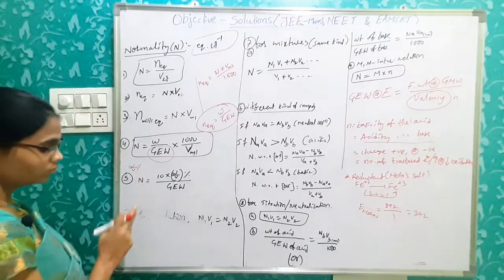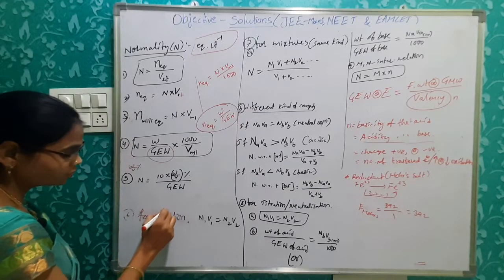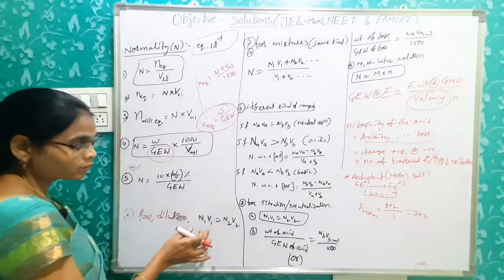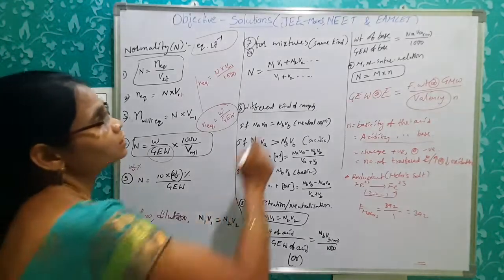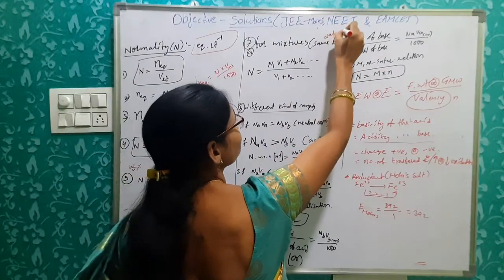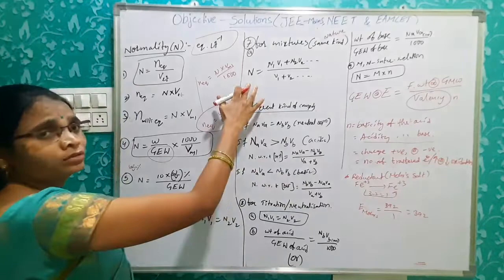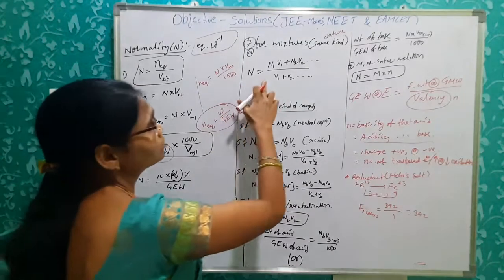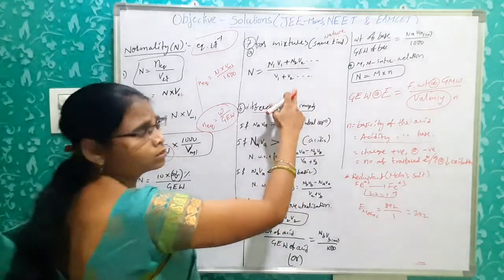Okay, now for dilution we can use, same as molarity, N1V1 is equal to N2V2. For mixtures of the same kind, meaning the same nature of compounds, maybe acids or maybe bases mixed together, we can find the total normality of that solution as N1V1 plus N2V2 and so on, by V1 plus V2 and so on.